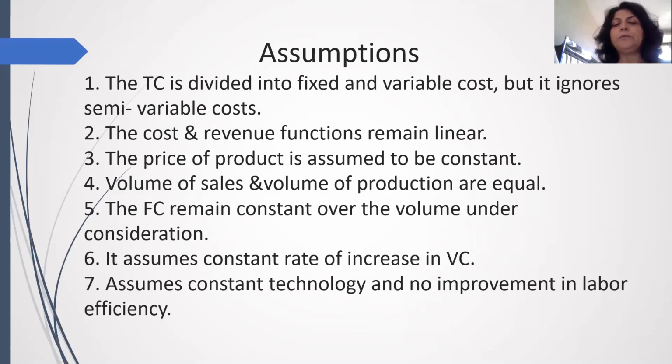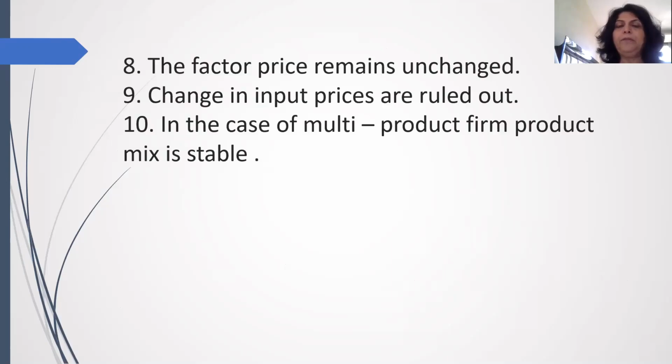Then it assumes constant technology and no improvement in labor efficiency, because these are also taken as constant, no change on their part as well. And then the factor price remains unchanged.